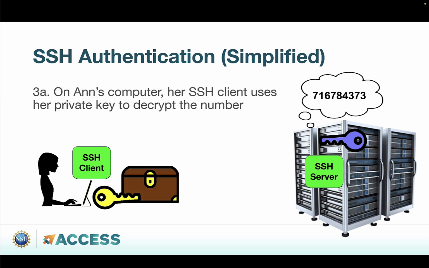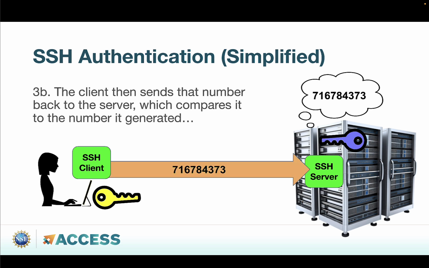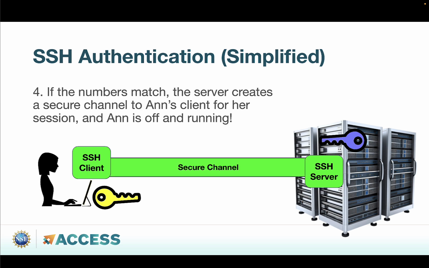There, on Anne's computer, her SSH client uses her private key to decrypt the number. Anne's client then sends that number back to the server, which compares it to the number it generated. If the numbers match, the server creates a secure channel to Anne's client for her session, and Anne is off and running.